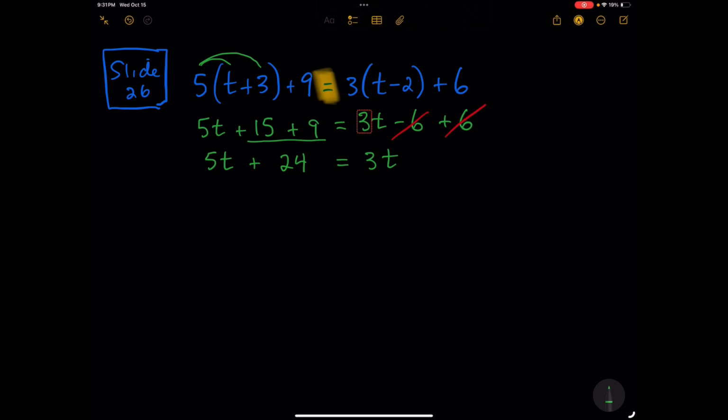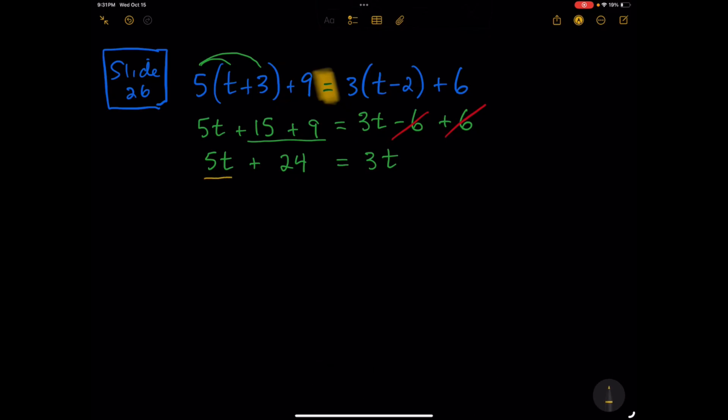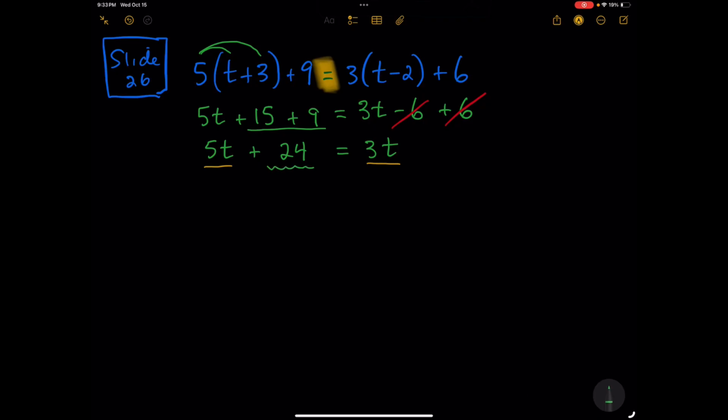In this one now, we look at the equation, and on the left side we have 5t, and on the right side we have 3t. We can do a few different things, but I've got 24 here, and I've also got the 5t and a 3t on the right.